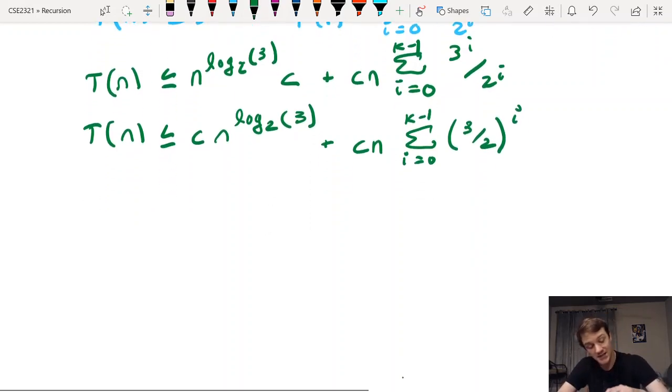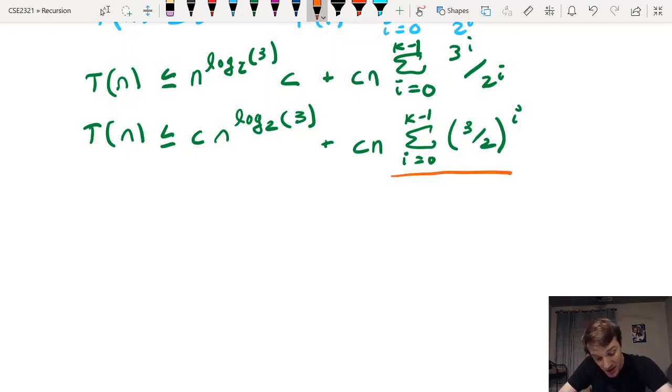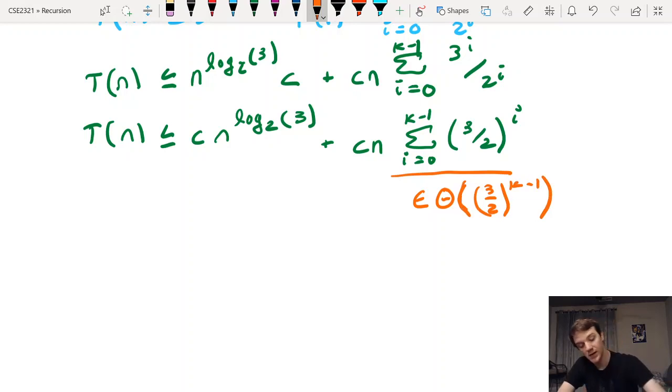Let's try and see what we can do with this summation. Maybe somewhere deep in our minds we remember a useful fact, that this summation is in theta of r to the n, where r is the thing raised to the i and n is the top bound. So this is 3 over 2 to the k minus 1. Let's use that fact.